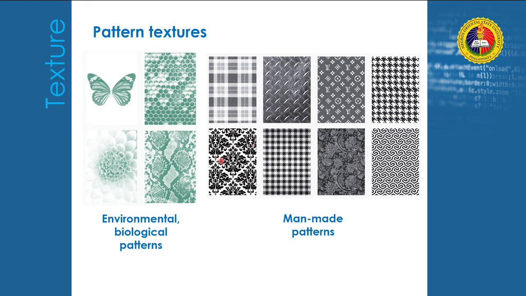Okay? So for pattern, there are three types rather. We have environmental biological patterns, and then we have man-made patterns. So going back to the definition, patterns appear to be more structured and consistent. So let's take a look. For this first example, we have a butterfly. Whatever is on the right side also appears to be exactly the same on the left side.